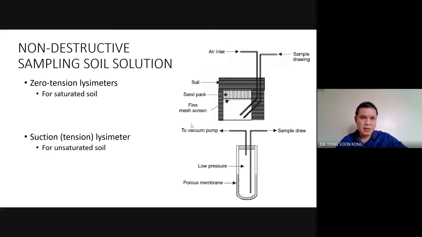Now in this case, non-destructive I would say more refers to the one with the least disturbance of the soil. As you can see right here, there are zero tension lysimeter or suction tension. What can be seen right here is that this thing is installed in the soil, underneath the soil.